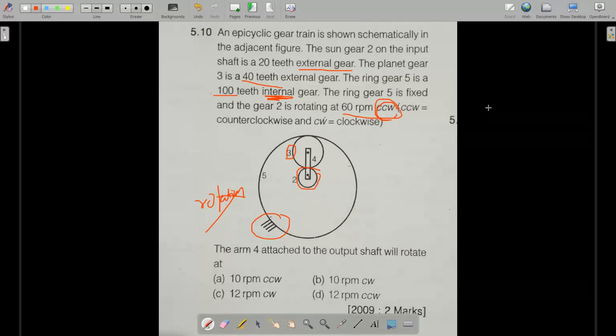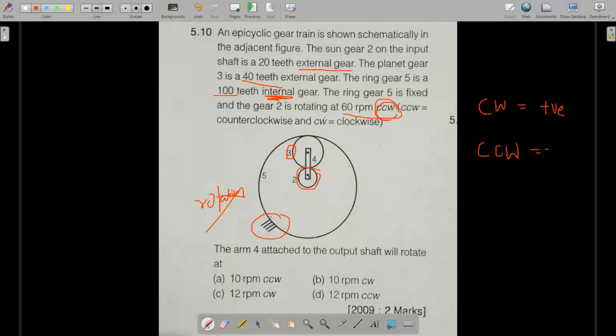First of all, let me clear the sign convention. If a gear is rotating in the clockwise direction, it is taken as positive, and if counterclockwise, it is taken as negative. Also, if two gears are meshed externally, their sense of rotation will be opposite.